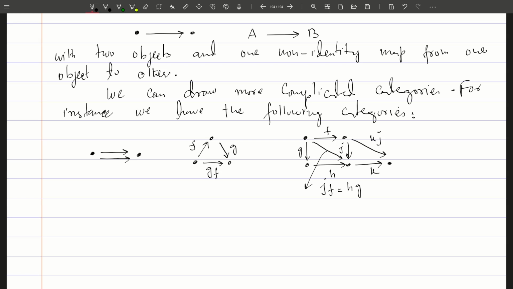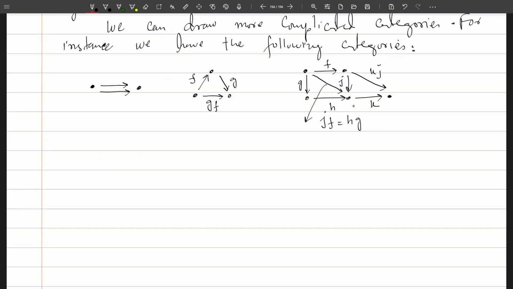Now there are categories which contain no maps at all apart from the identities. So this is the second example.